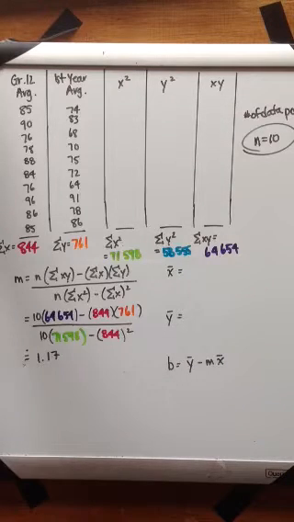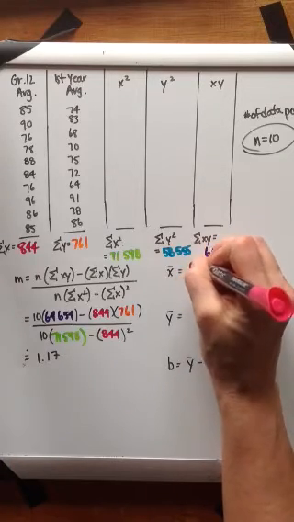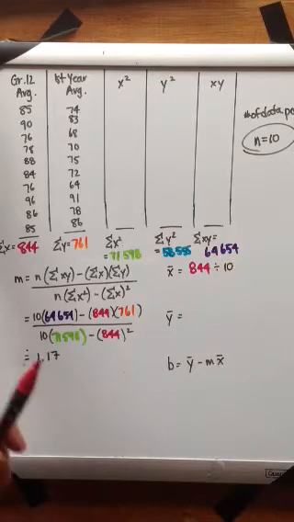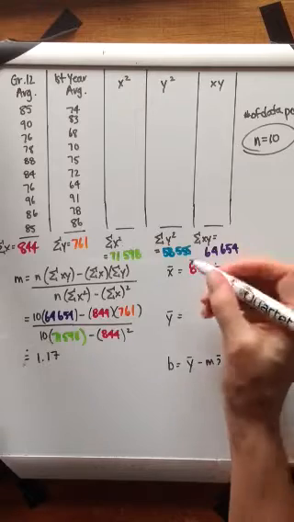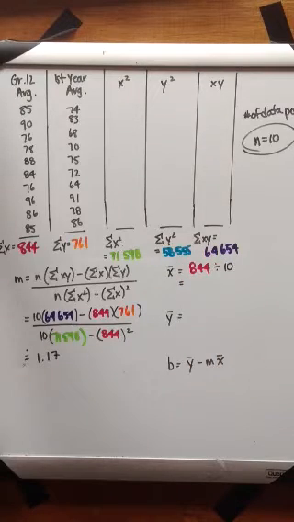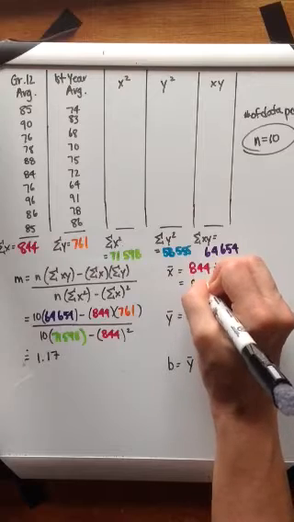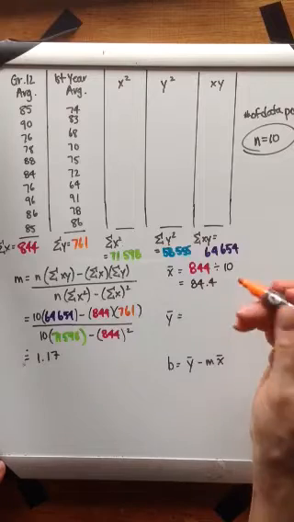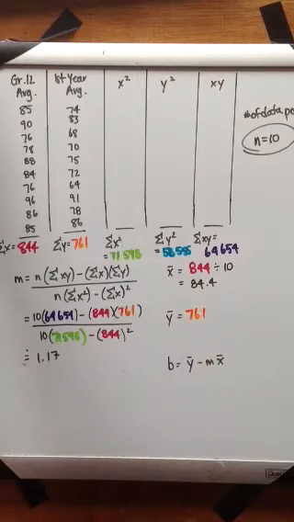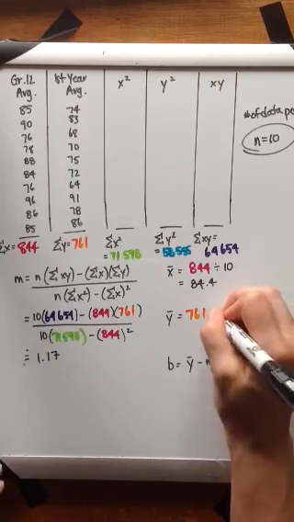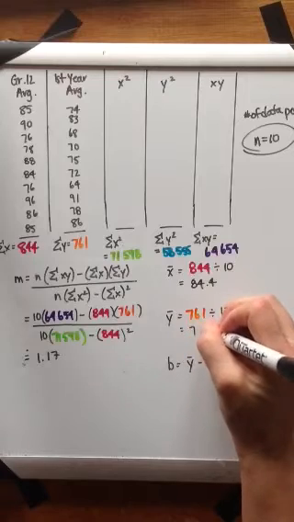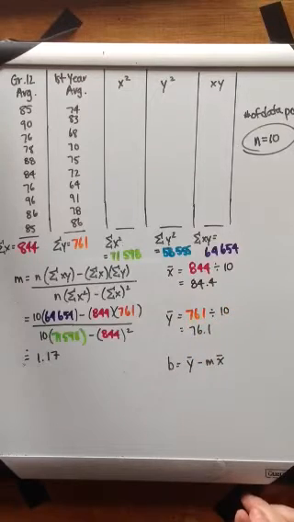So we take the sum of all of the x's, which is 844, and divide by the number of data points, which is 10, and the mean value comes out to 84.4. We can do the same thing for the y's. We have 761, and dividing by 10, we end up with a y mean of 76.1.